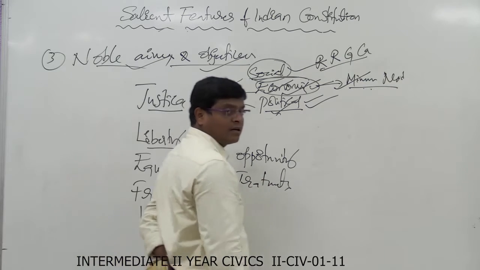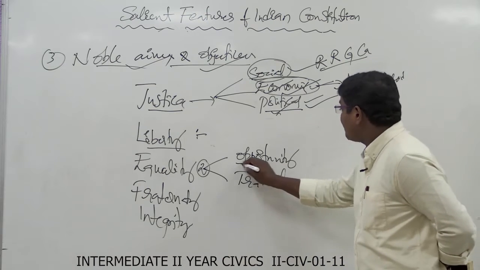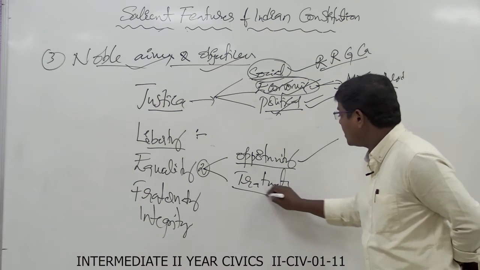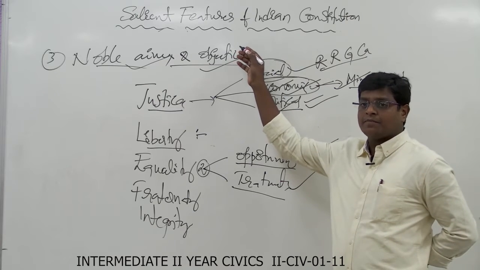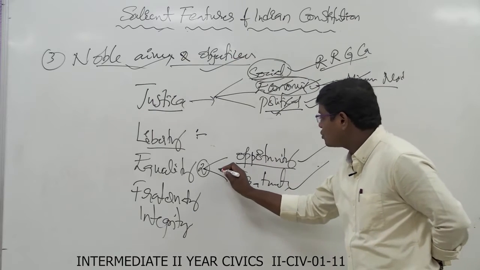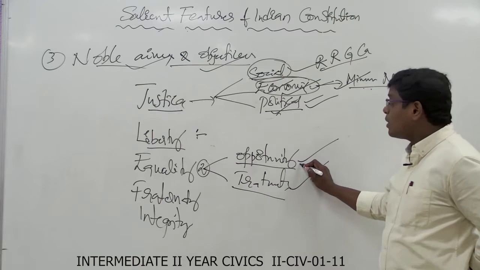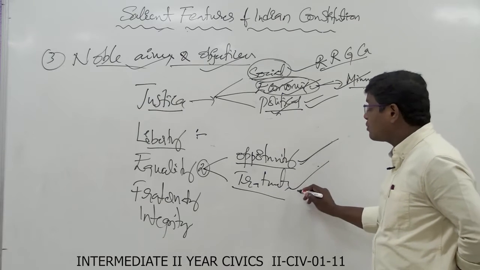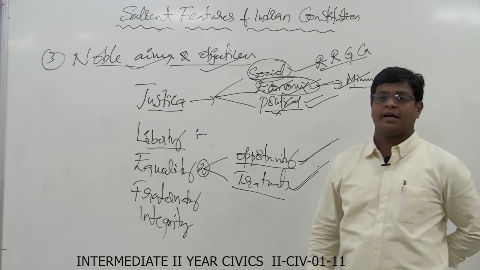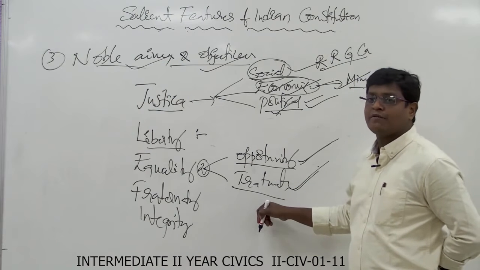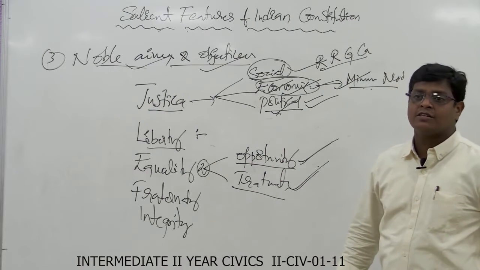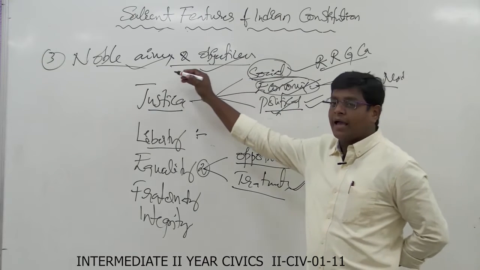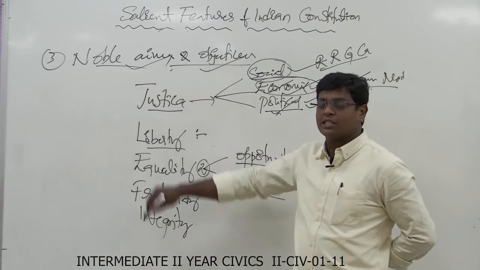Equality on 2 grounds, which shall be provided by the state. That's why the state of India shall provide equal opportunity and equal treatment to the people of India. That means elimination of discrimination for providing equal opportunity to all citizens of India, as a noble aim and objective.